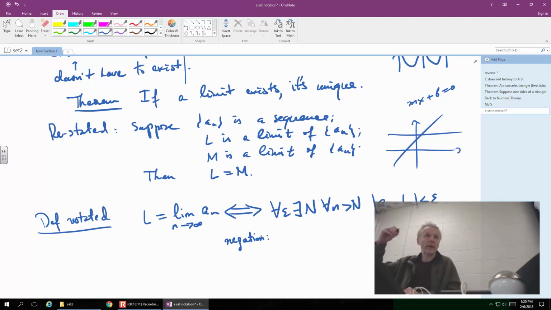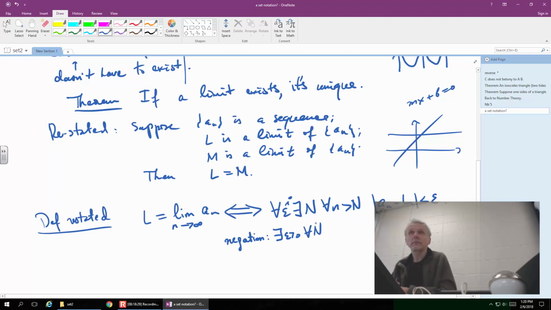So what am I getting? Switching for any to there is: there is an epsilon greater than 0, such that for any N there is an n lowercase, such that, and then we negate the inequality.